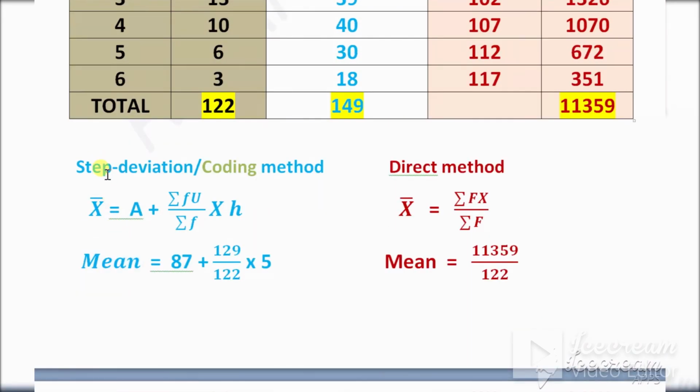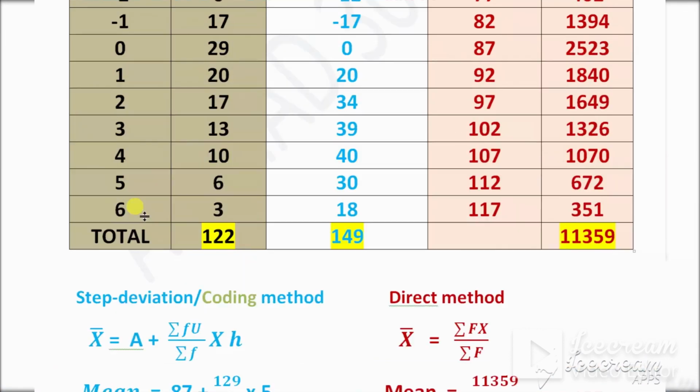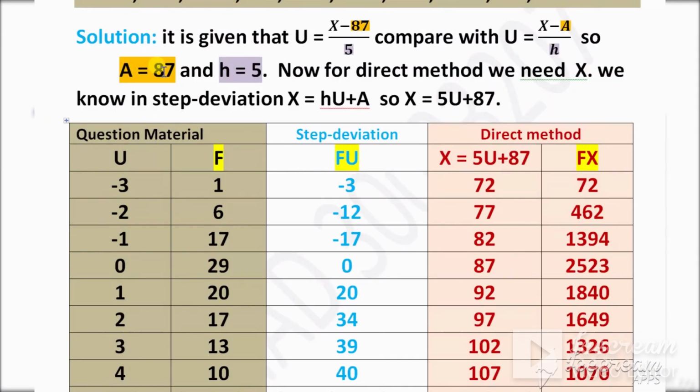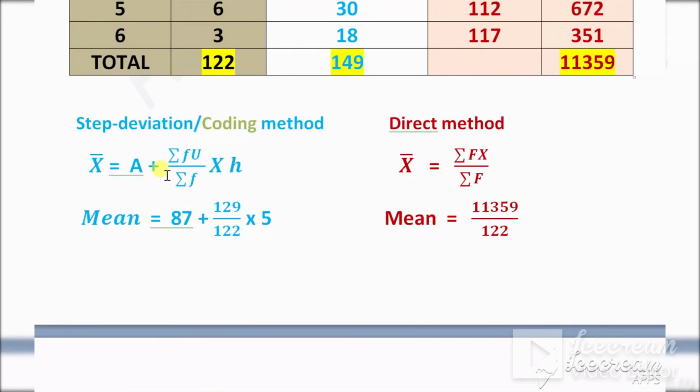Now the step deviation method formula is x bar is equal to a plus summation fu divided by summation f, multiply h. So a is the assumed value, which here is 87. It is also given in the question, x minus 87, x minus a. A is 87 and the divide term is 5. 5 is h. So replace a with 87.